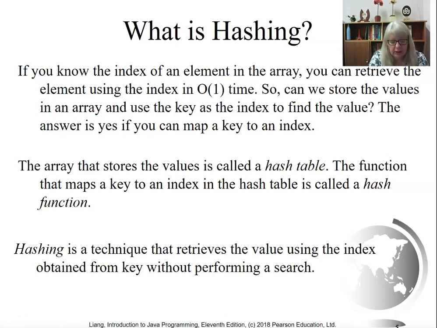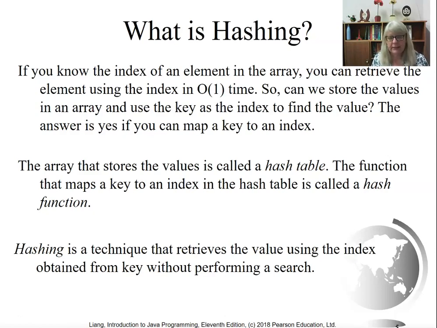So what is hashing? It is a technique that retrieves the value using the index obtained from key without performing a search. Do you clearly understand each part? Without performing a search. So we need not search the array, we will do it with direct access. And we want to retrieve the value, my surname, by using an index, the index in an array.